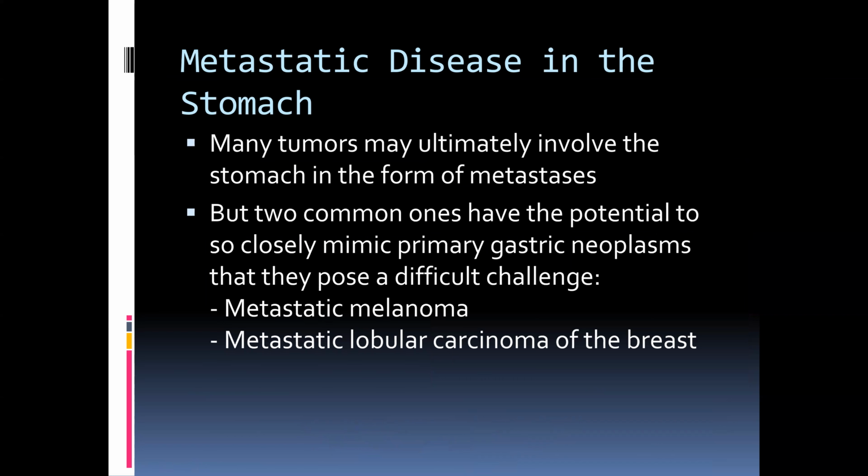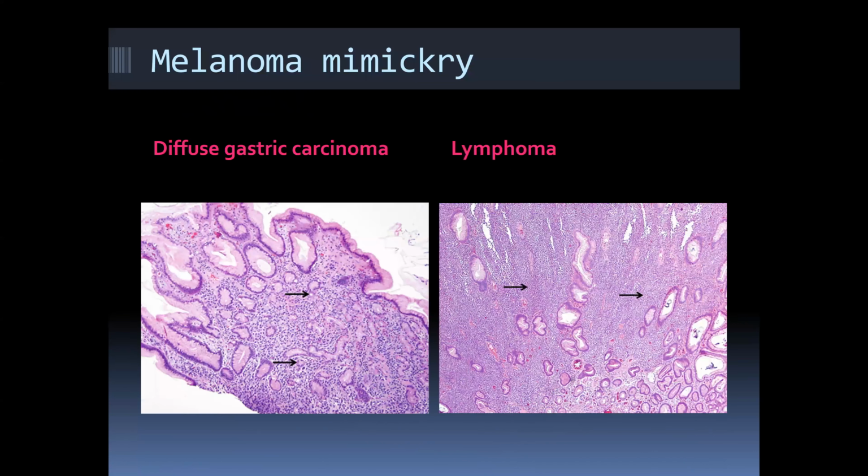And those fall into these two entities. You probably surmised that we would talk about lobular carcinoma, but melanoma actually is another one that should be considered as well. Things that melanoma can masquerade as.